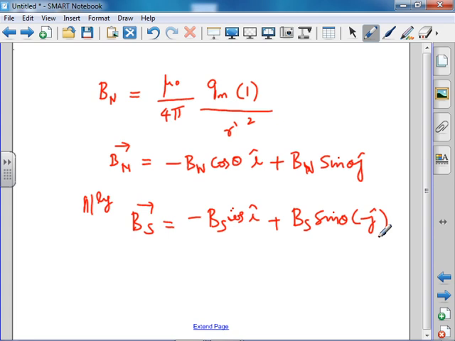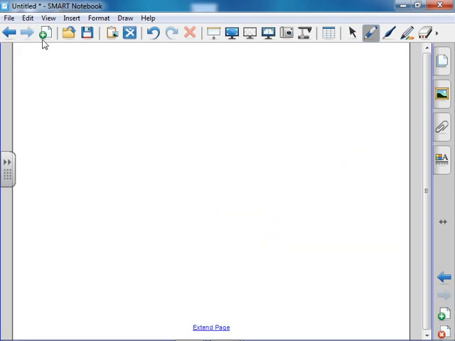So we need a resultant magnetic field. It is given by the sum of Bn vector and Bs vector. Shall we solve?